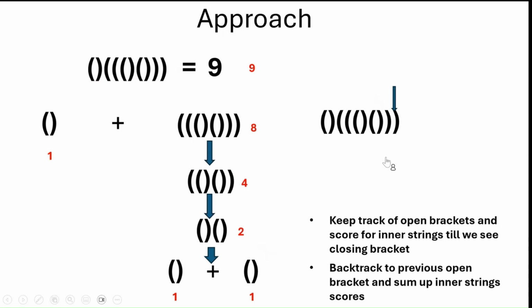So you can see we need to keep track of open brackets till we see the closing bracket for the last open bracket, and we need to backtrack to the previous open bracket and sum up the inner string scores. So here it is kind of last in, first out. The last open bracket comes out first, and we need to backtrack also to the previous open brackets.